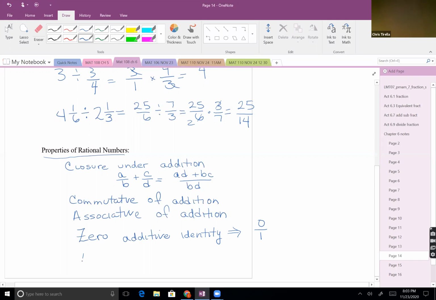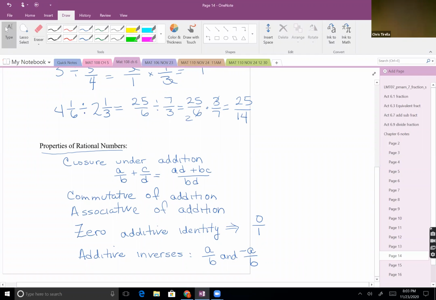And we're also going to see that we have our additive inverses. It would be A/B, and the opposite of A/B that would add to give me 0. And so we have all of those properties for addition.